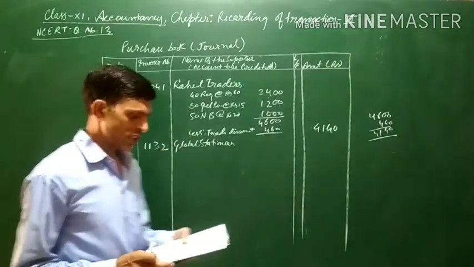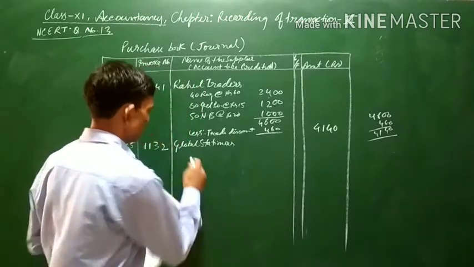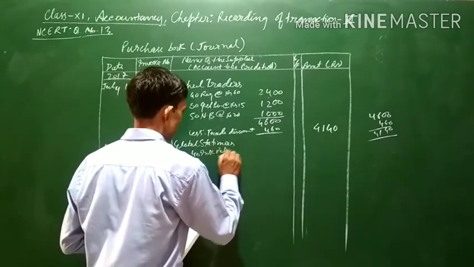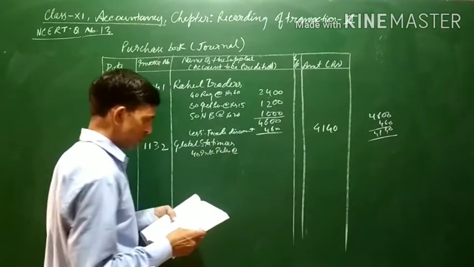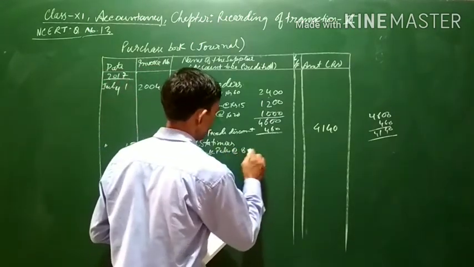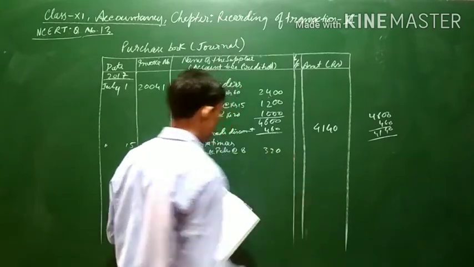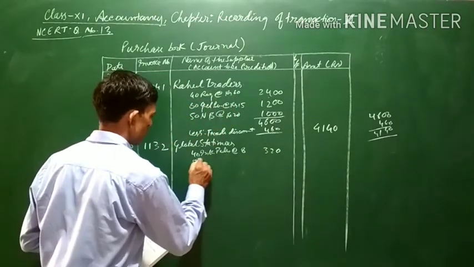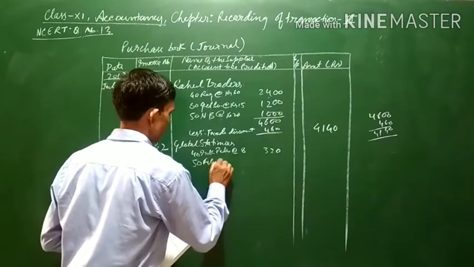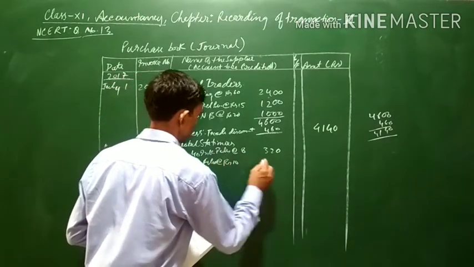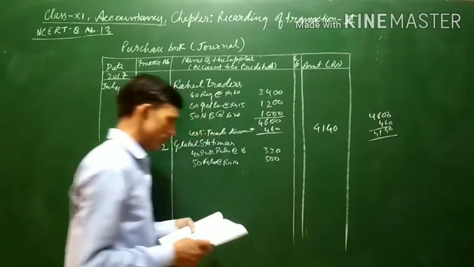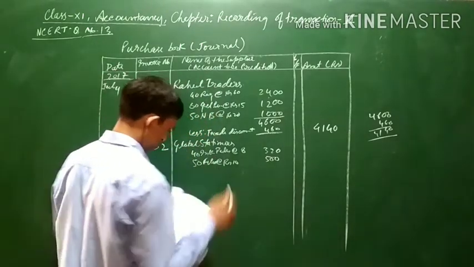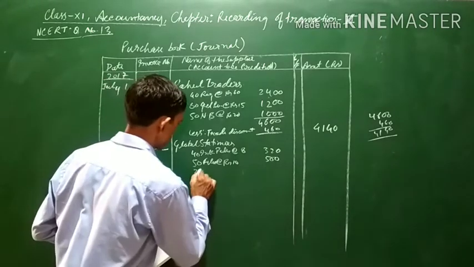Now the various things which are bought are 40 ink pads at the rate of 8, which will come to 320. Again 50 files at the rate of rupees 10 each. It will come to 500. Then 20 color books at 20 each.